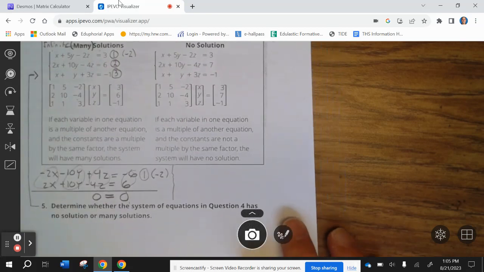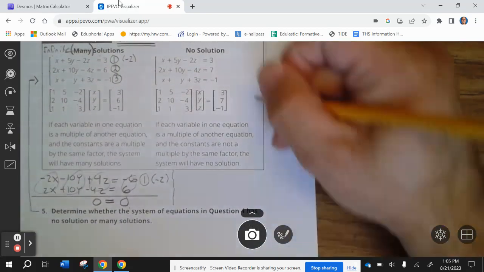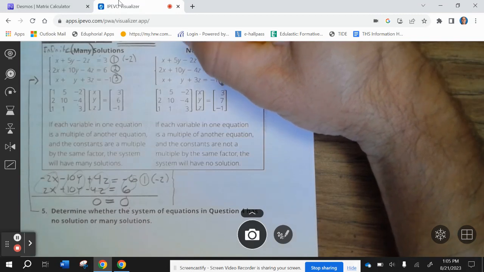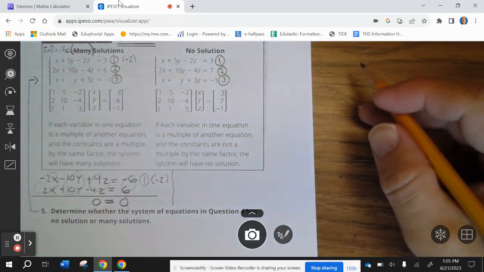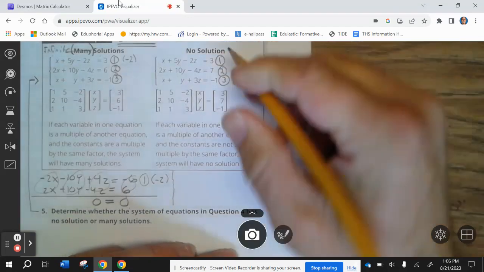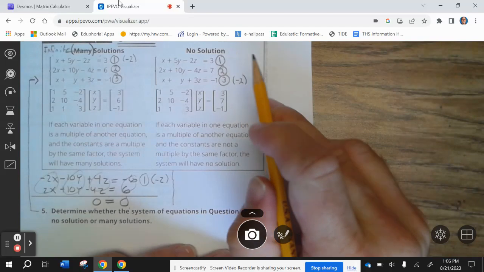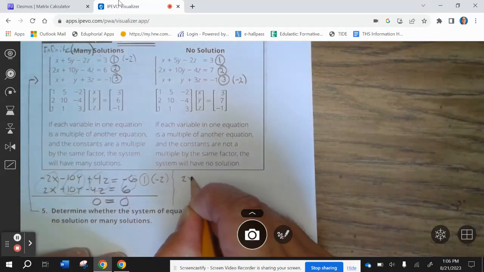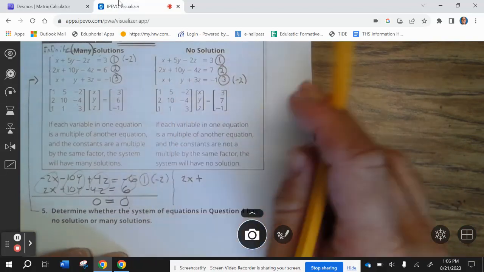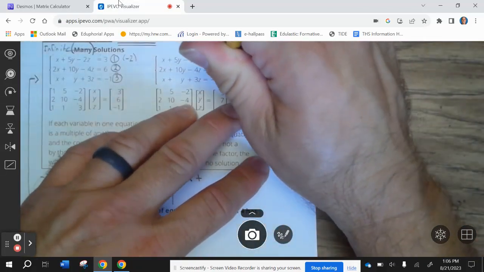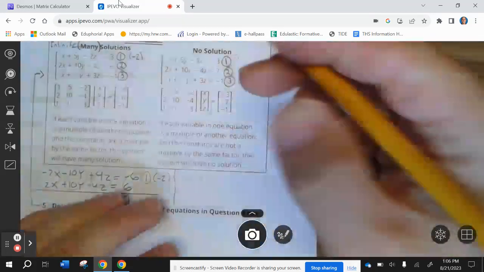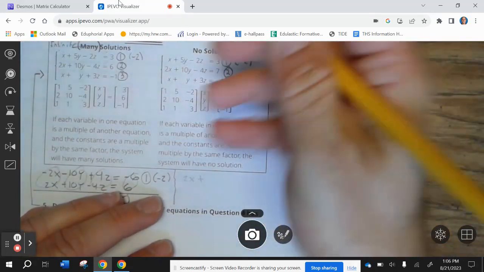So now we have to work this out without technology. So let's call this equation 1. Let's call this equation 2. Let's call this equation 3. Now, I'm going to multiply equation 3 by negative 2 and combine it with 2. Actually, wait, no, I'm sorry. Let's multiply equation 1 by negative 2.